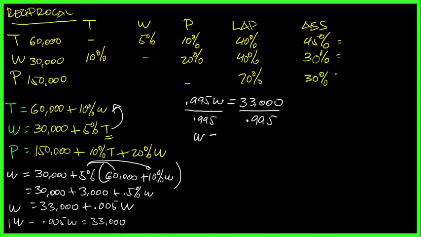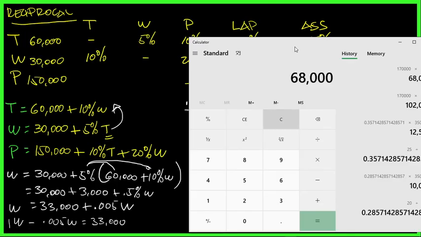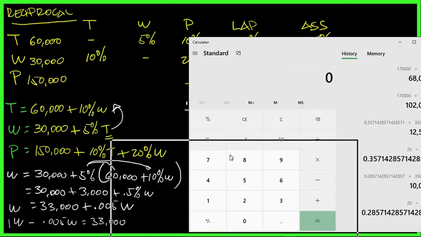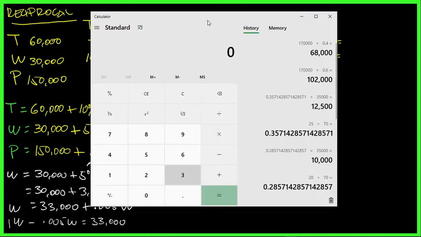W now is equal to, so you have Alt Tab. I don't like this process. Pero let's 33,000. Divide that by 0.995. Tada!